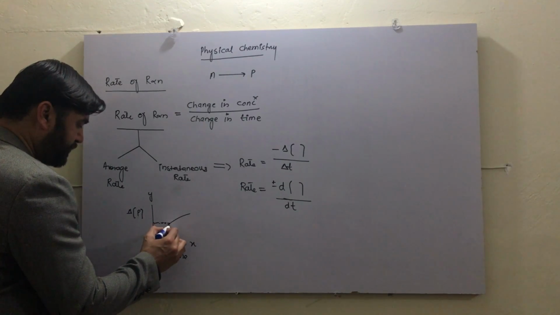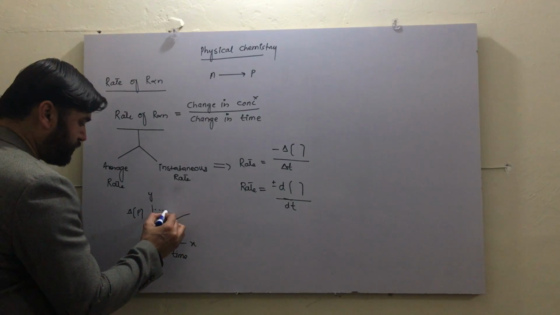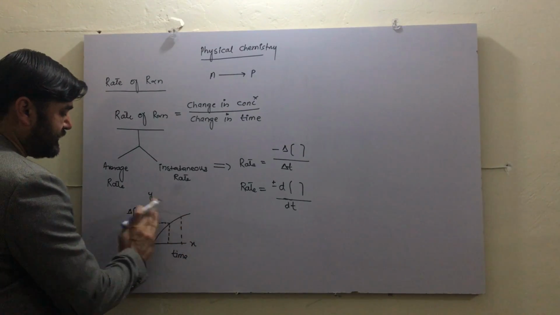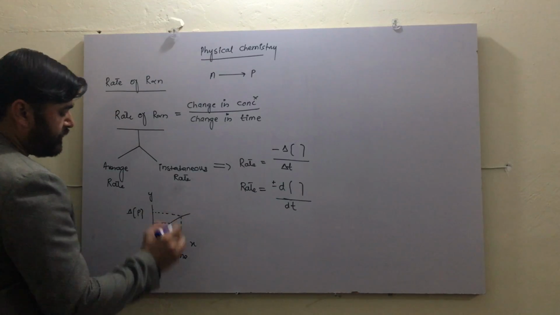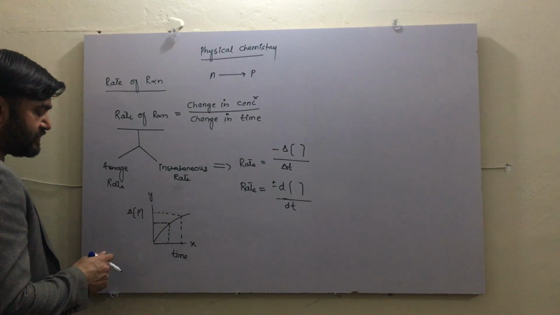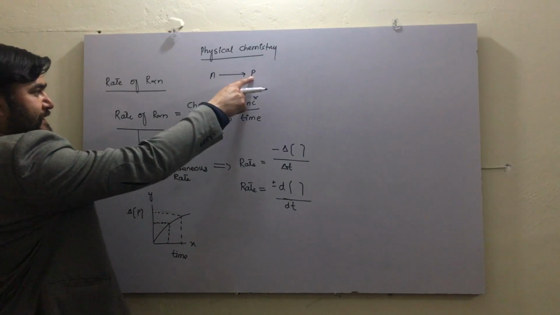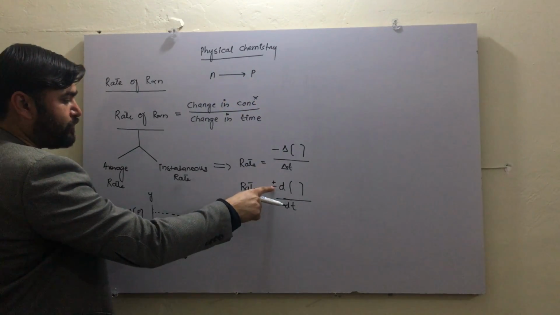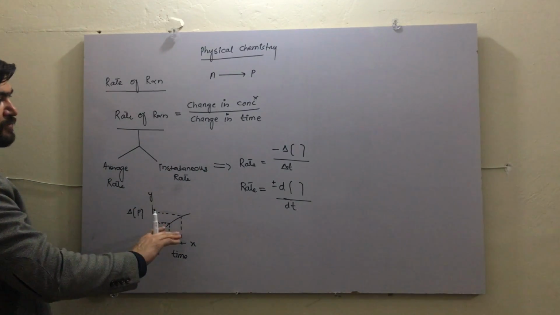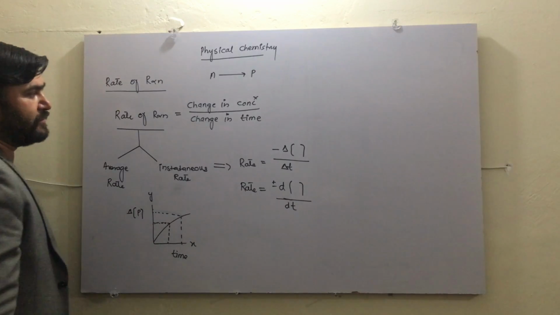After some time, the amount of product increases, so that's why it is taken as positive, and the amount of reactant decreases, so that's why we use a negative sign.